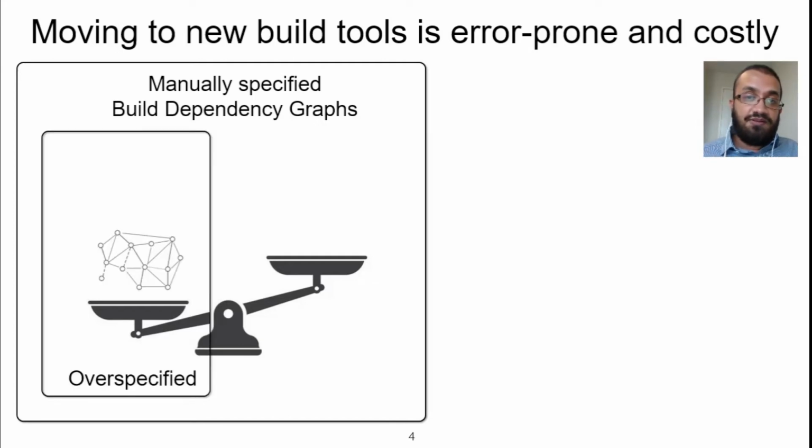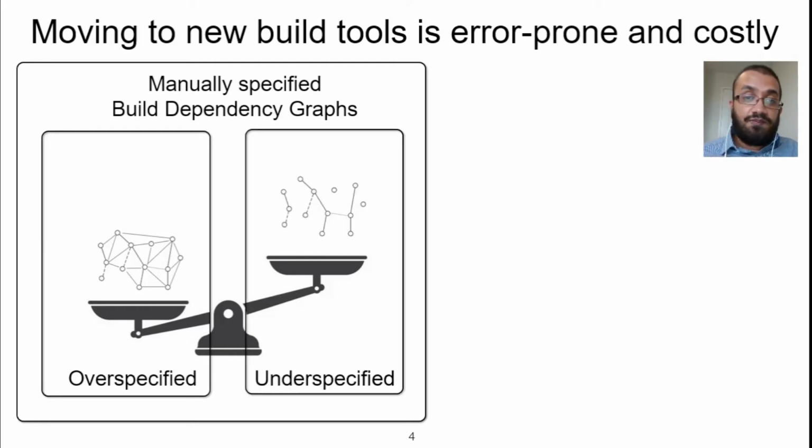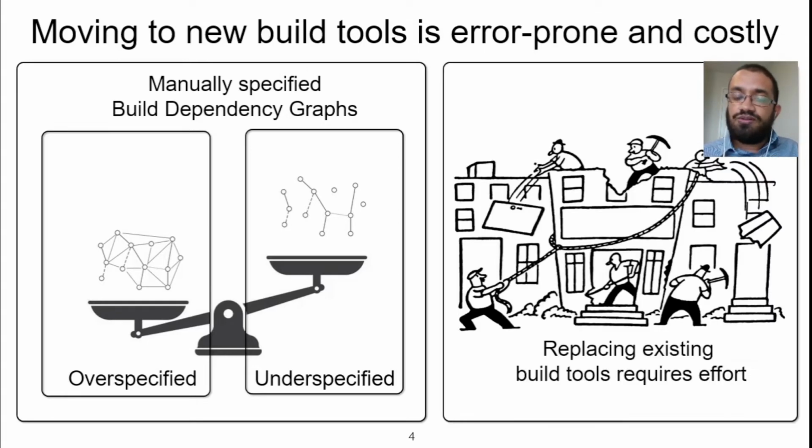If the build dependency graphs are overspecified, it puts constraints on parallelization, affecting the performance unnecessarily. And if the dependency graphs are underspecified, the builds become non-deterministic, causing problems. Therefore, manually specifying build dependency graphs is not an ideal solution. Also, replacing existing build tools requires a lot of engineering effort.